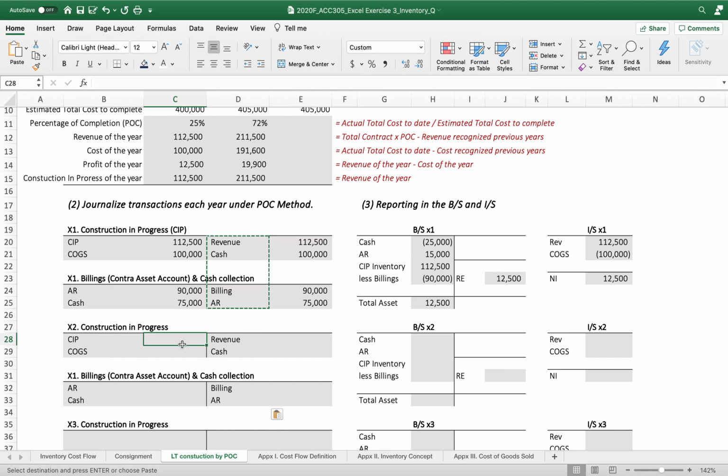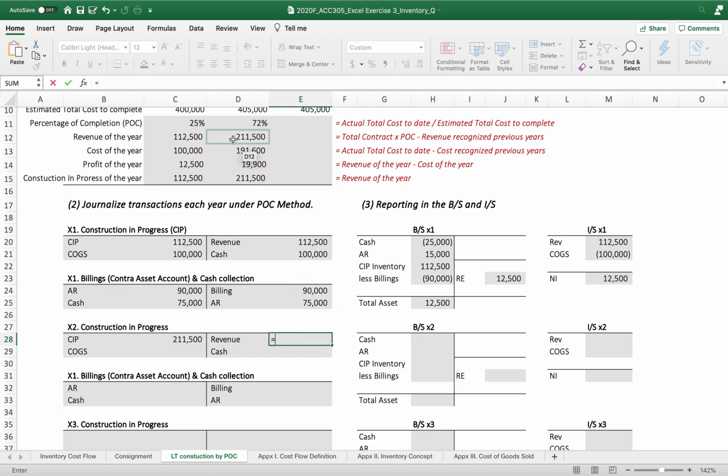So the CIP, how much is the CIP? That is the 1 year of the year. So that's correct, 211,500. Then what is the revenue we recognized here? It's the same amount, and then cost of goods sold is that year's cost.